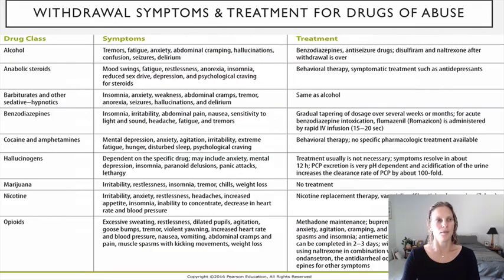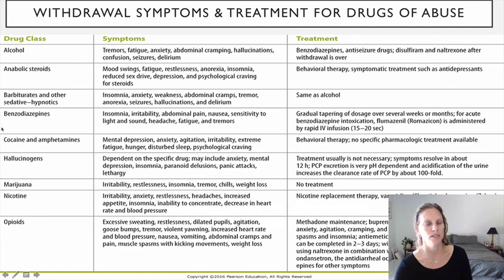Okay, here are some common withdrawal symptoms and treatments for some of the drugs of abuse. And I'm not going to spend a lot of time. You can look at some of these things on your own. What we're going to talk about in our class mostly, and not the next video, but the one after, the fourth video, will be on the depressants, the barbiturates, and the benzos.